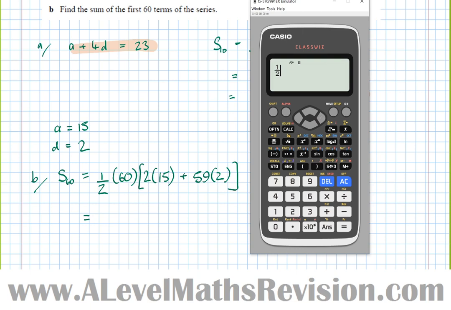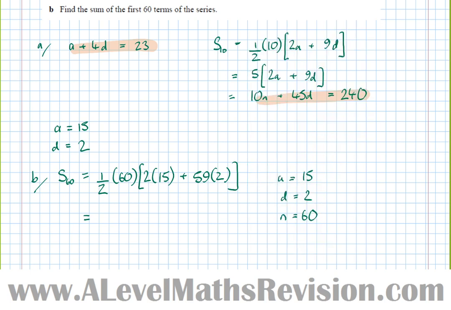So half n, 2a plus (n minus 1) d equals 4,440.